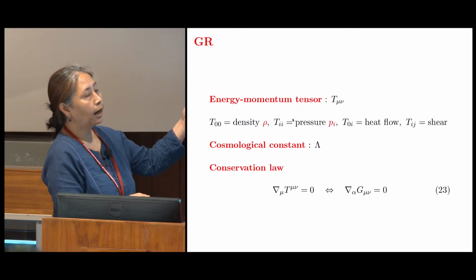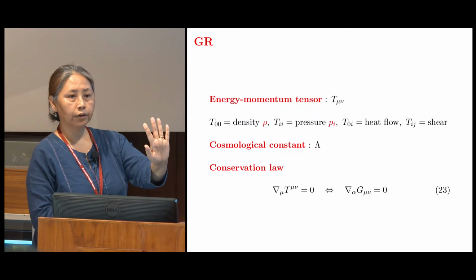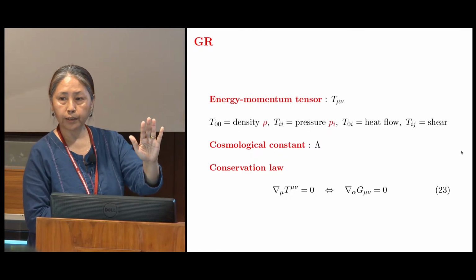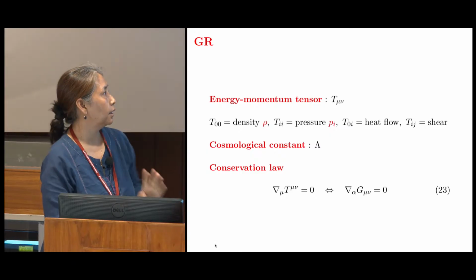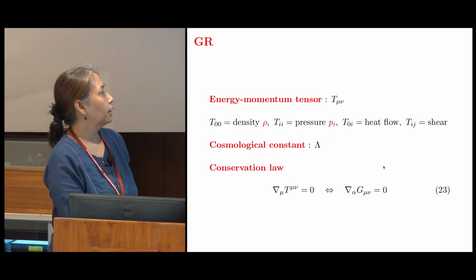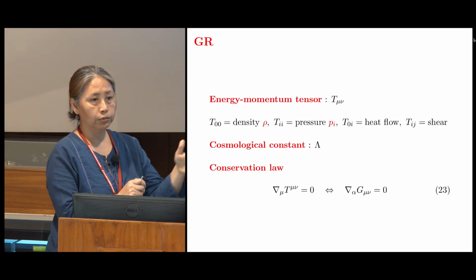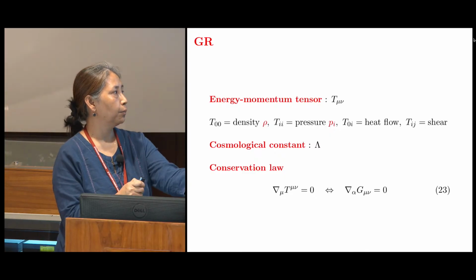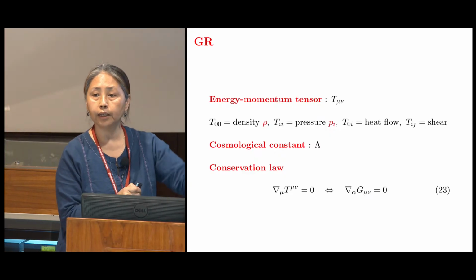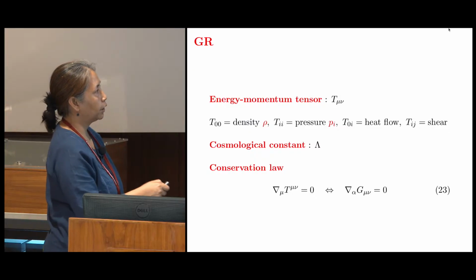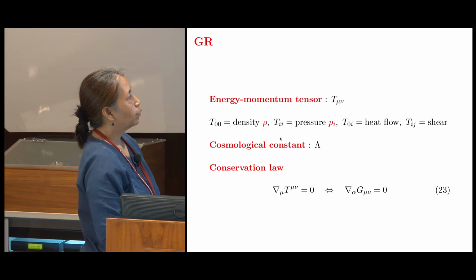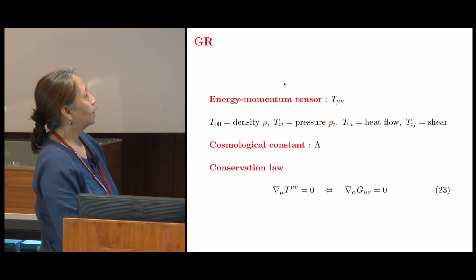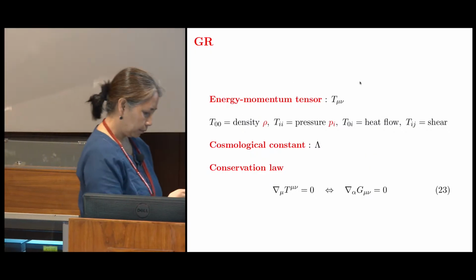So Tii will be, if you apply a force in this direction, which is equivalent to having a momentum in that direction, on that surface, and that is given by Pi. And these are the shear terms. If you are applying something and parallelly you are applying something else, then that information is here. For the purpose of cosmology, we are going to drastically simplify, and we will need only rho and Pi.